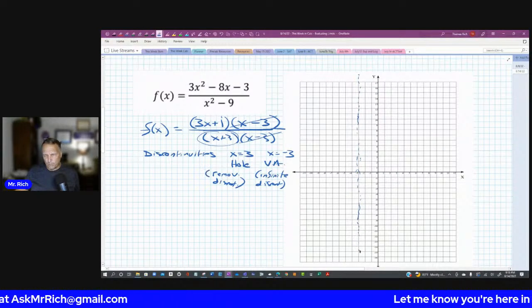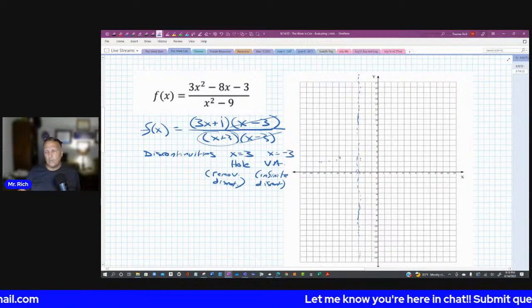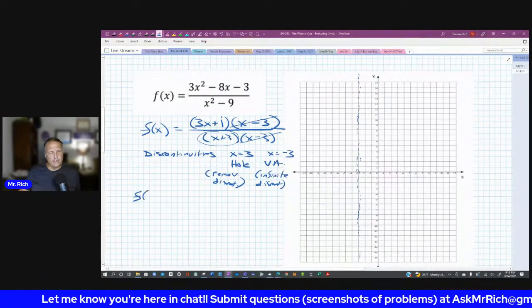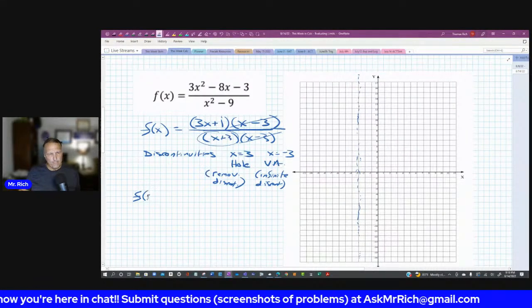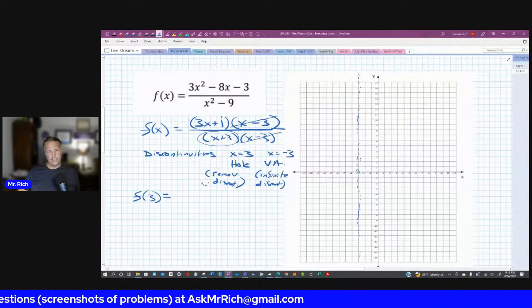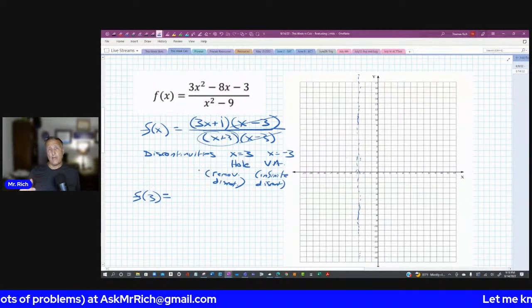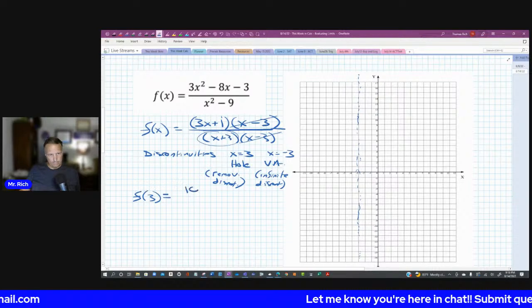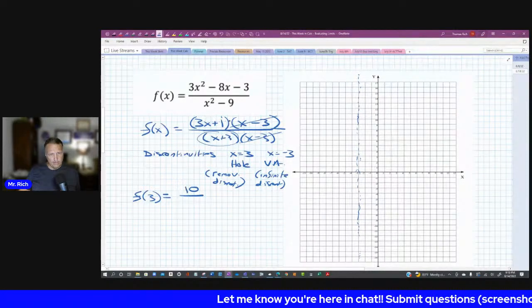I want to also plot the location of my hole that I have at x equals 3. So what I'm going to do is find f of 3 after I have knocked out the x minus 3s, because those would cancel each other out. That's going to give me the y value of the hole. So that's going to be a 10 on the top, 3 times 3 plus 1.